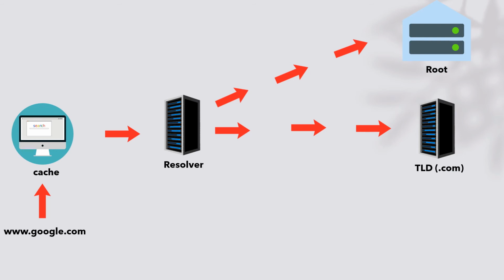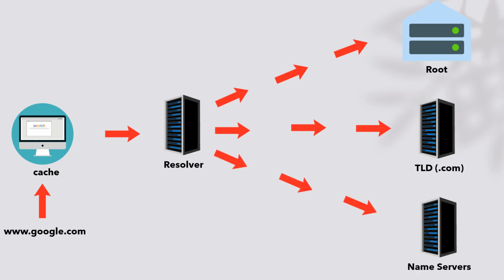The TLD server would not specifically know the IP address for google.com. However, it would have information for the authoritative name servers for google.com, and it would provide us with that information. The resolver server again would store this information in cache and forward the request to the authoritative name servers.